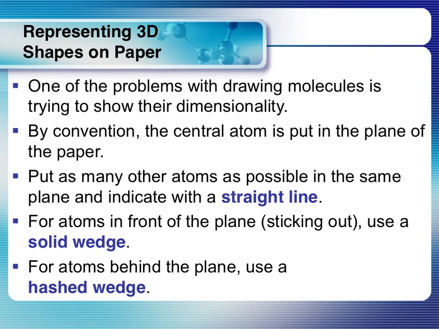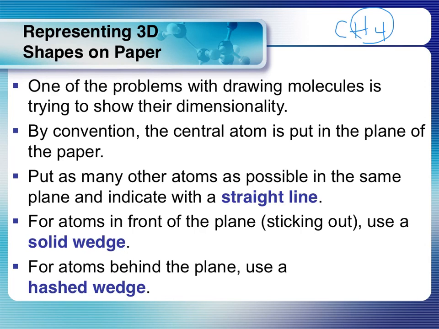Alright, so we're almost done. I do want you to understand a drawing convention so that you can understand the 3-dimensional nature of molecules when you see them in a textbook. And I notice that Mastering Chemistry uses a drawing technique also. So let's say you're trying to draw CH4. And you know those 4 hydrogens are not in a plane.